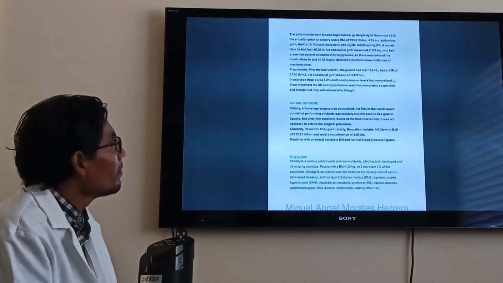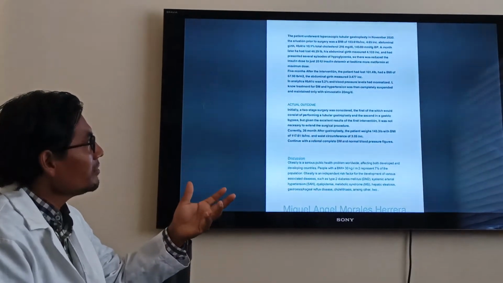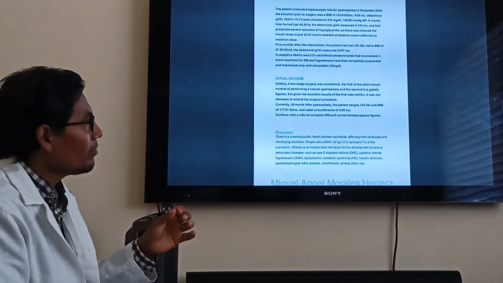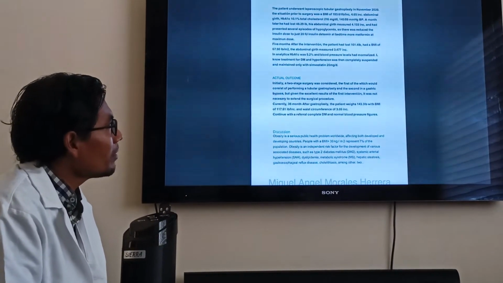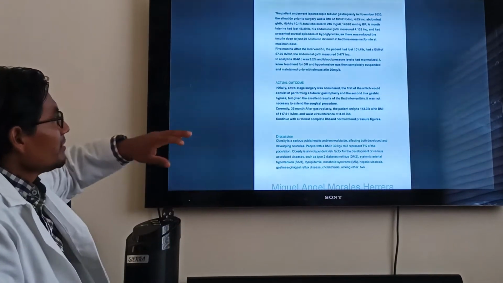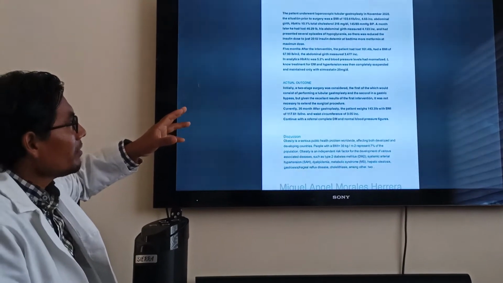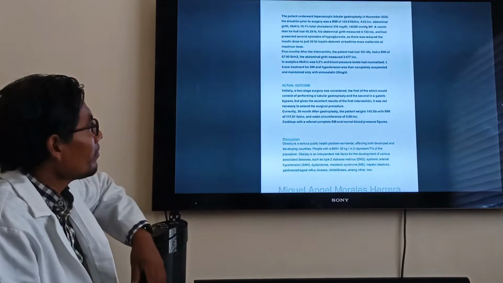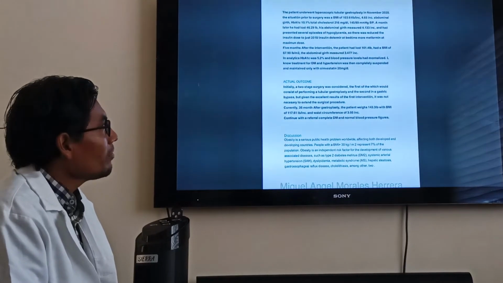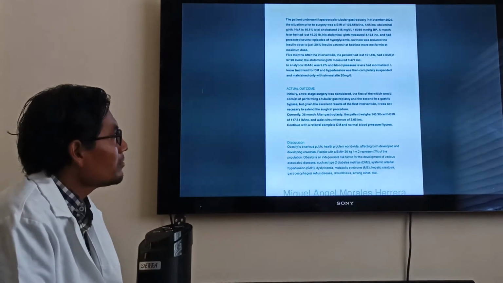Five months after the intervention, the patient had lost 104 kilograms, had a BMI of 67.90 kg/m2. The abdominal girth measured 3.470.